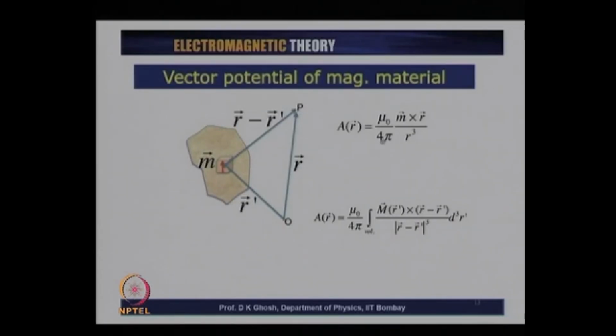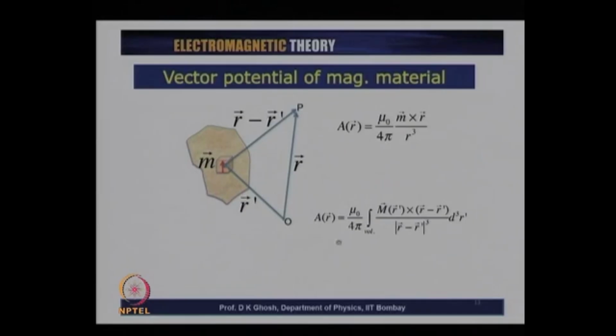Now, recall that for a magnetic moment m, the vector potential at a position r taken from the position of the tiny dipole is given by mu 0 by 4 pi, m cross r by r cube. This is the expression which we had derived some time back for the vector potential of a magnetic dipole. Now, what we have is a collection of magnetic dipoles.